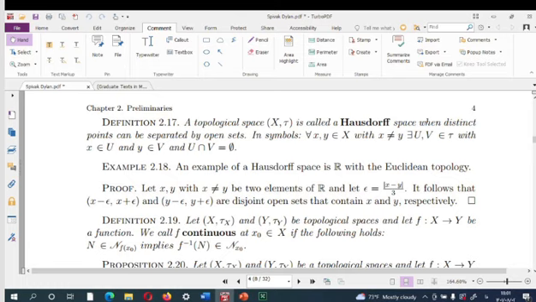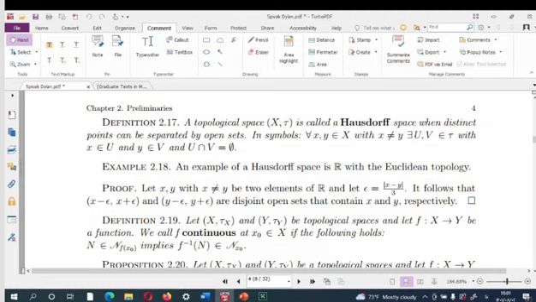In symbols, for each x and y in X with x not equal y, distinct points, there exist two members of tau such that one of these elements contains x, another contains y, and these two elements are disjoint.